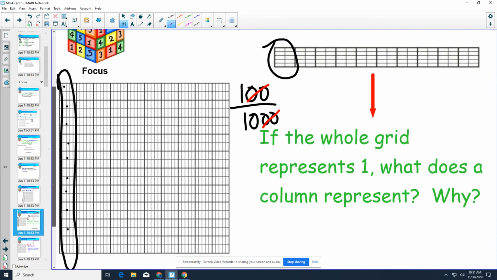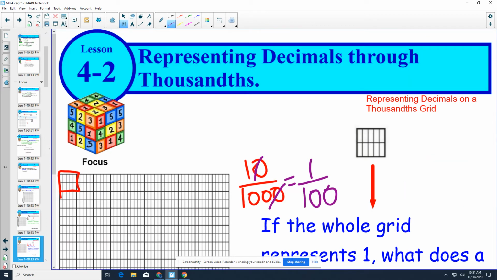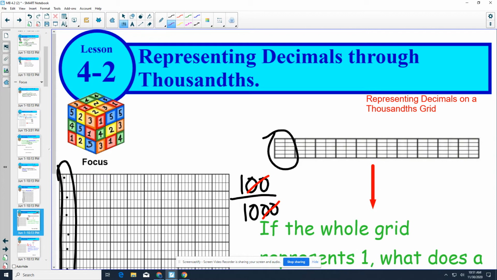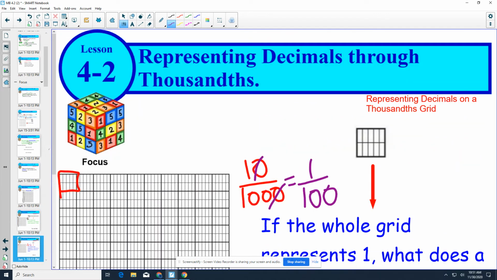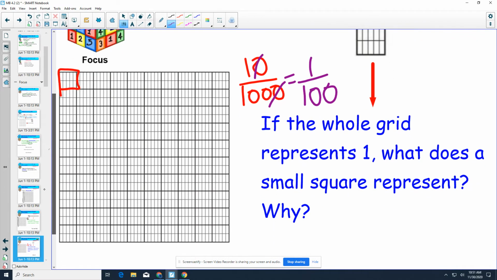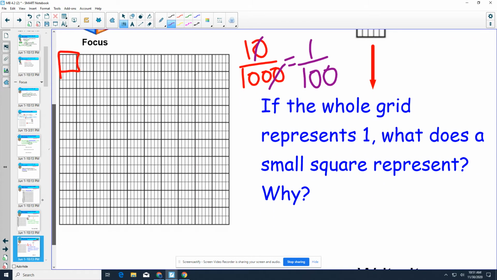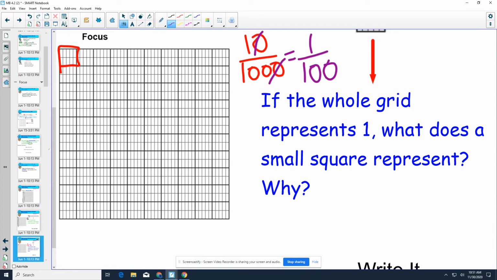So you can see you get 1/10 or 10 thousandths. So this whole thing would be 100 thousandths. This one here would be 10 thousandths or 1/100th. Okay, so you could look at it either way.